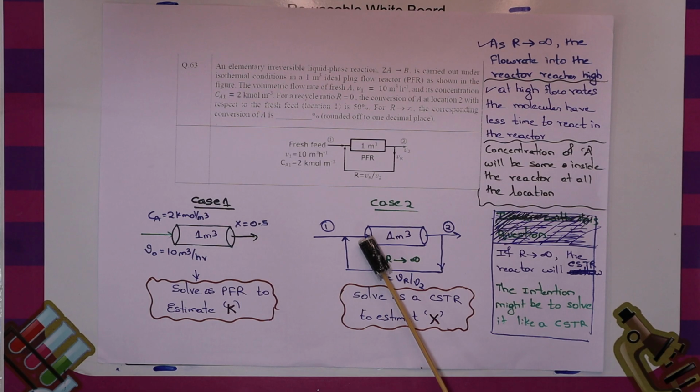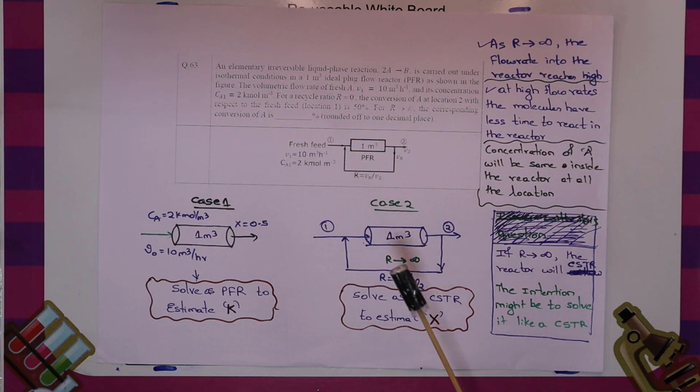But here, because of the heavy flow rates, the concentration will be the same throughout the reactor. In this one case, it will behave like a CSTR. As the recycle ratio tends to infinite, the concentration evens out at every location in the reactor. That makes this like a CSTR.